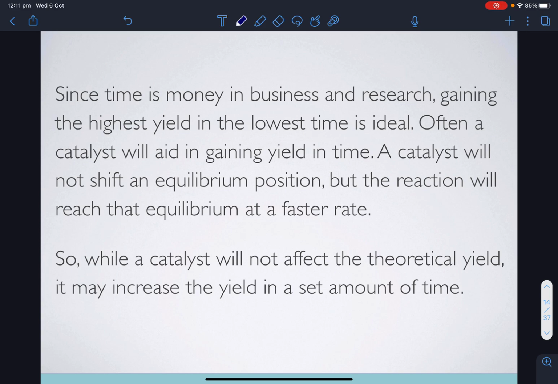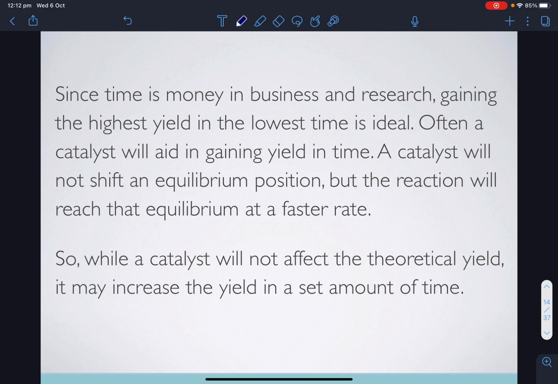Say if a reaction takes 3 days to occur, okay? Put a catalyst in and it could reach 2 days to occur. But say you wanted to do it on a daily basis. Say if you wanted to get your yield every day in the afternoon, you wanted to pump out your yield, you'd put the catalyst in, and although the reaction hadn't finished, the yield that you're getting at the end of day 1 is a greater yield using the catalyst than if you weren't.